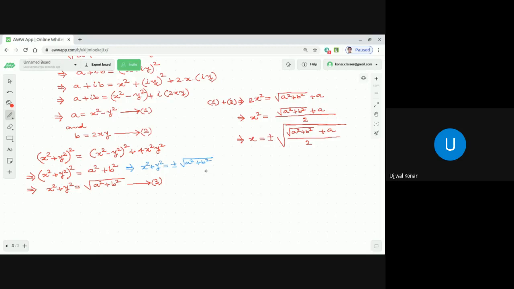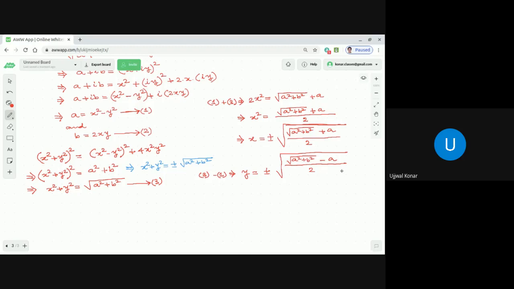If we subtract both sides of equation 1 from equation 3, then after rearrangement, bringing x square and y square to one side, in the same manner you will get y equal to plus minus square root of square root of a square plus b square minus a divided by 2.